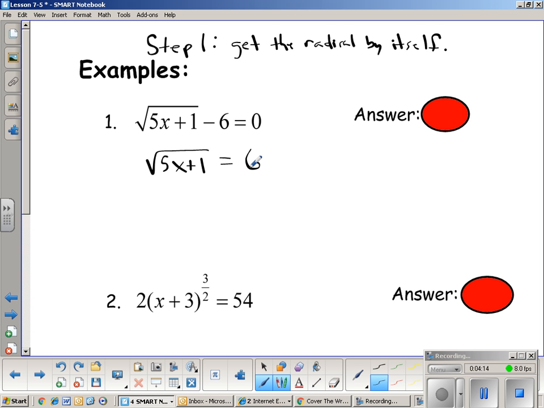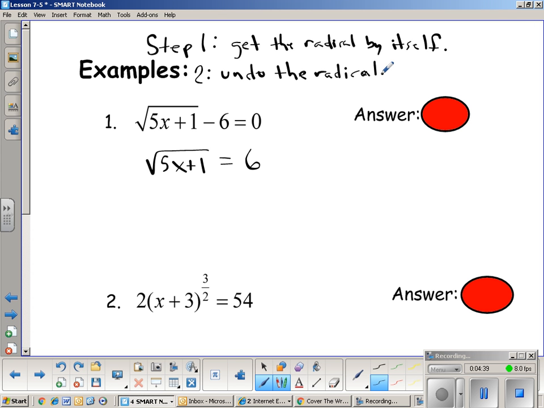Okay? Step 2. Undo the radical. So how do we undo a square root?